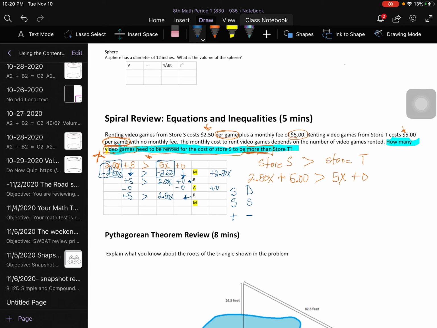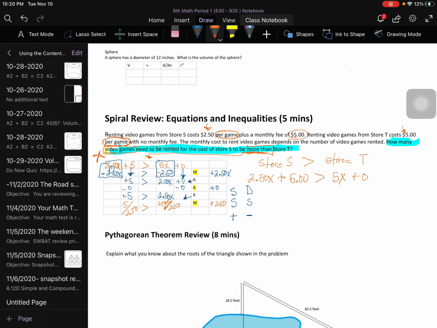Now we're going to pick the smallest letter term, which in this case is only one letter term, 250x. So we're multiplying by 250, so we're going to divide, the opposite operation. So we're multiplying by 250, and we're going to divide by 250, greater than.